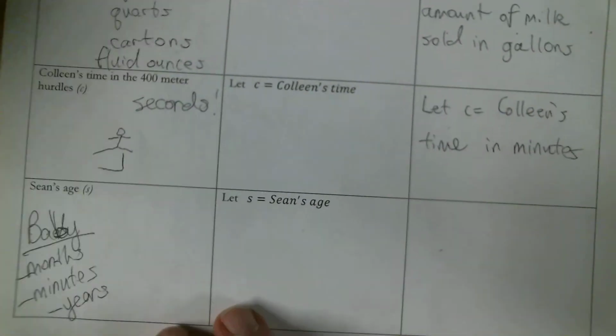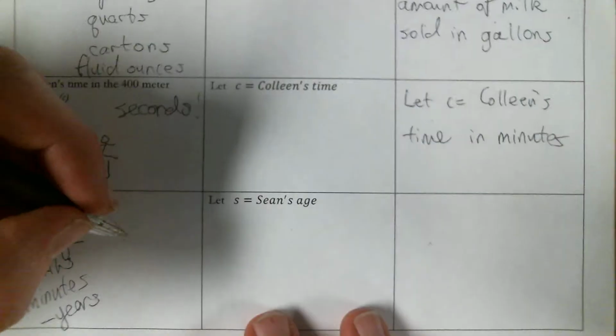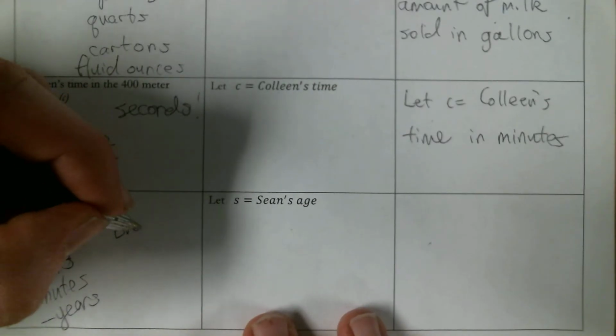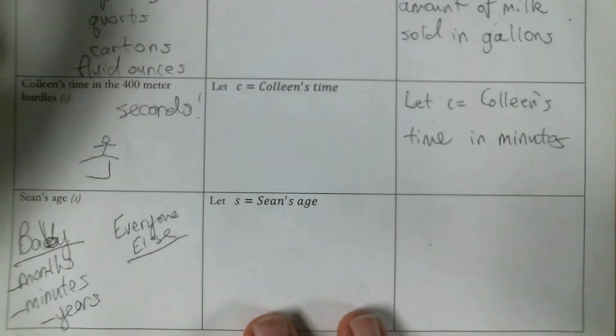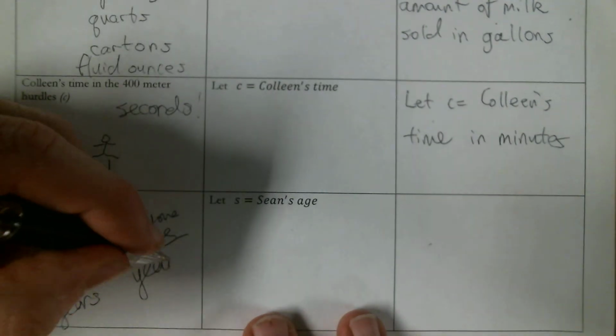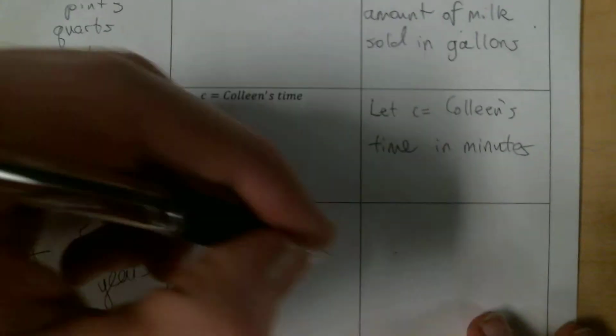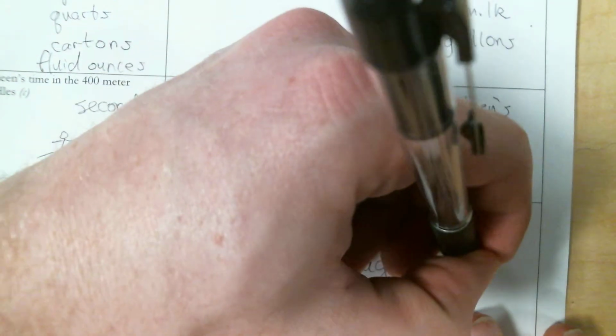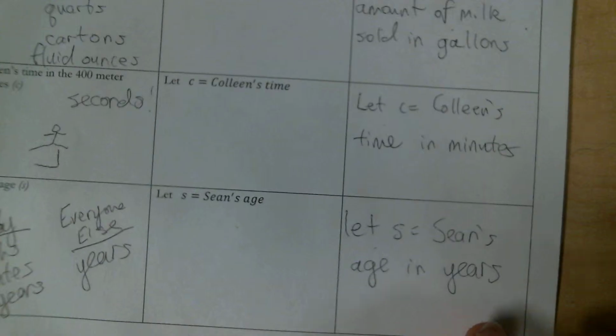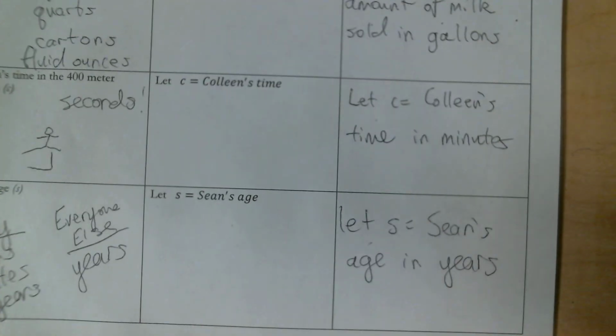In some weird situations, you might say he's seconds old, but pretty much everyone else, the rest of us are all pretty much years for our age. So you should have something like this. Let S equal Sean's age in years. That's probably the best way to specify that unit.